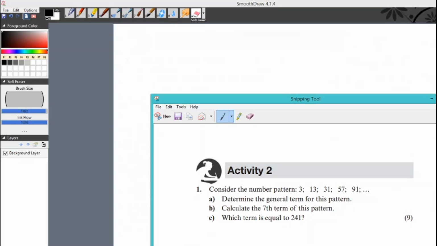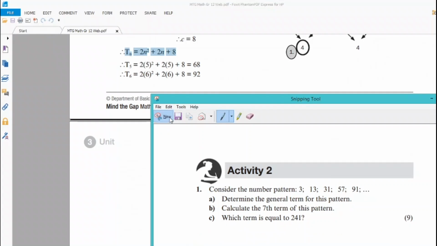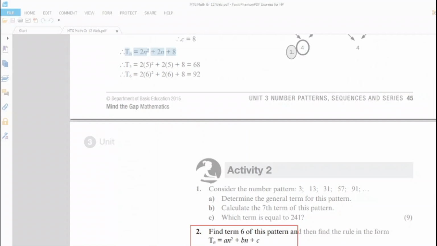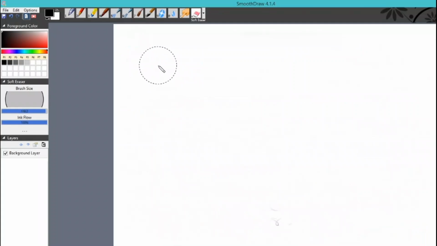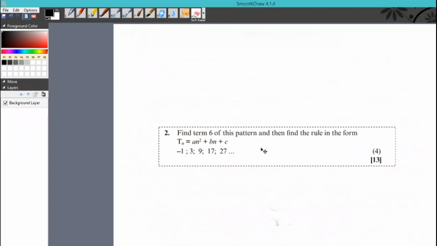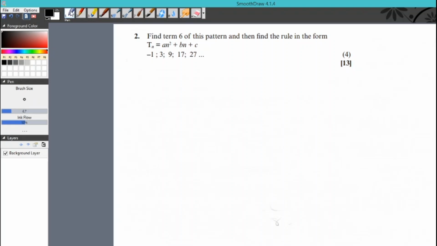Okay, so for question 2, find term 6 of this pattern and then find the rule in the form Tn is equal to an squared plus bn plus c.